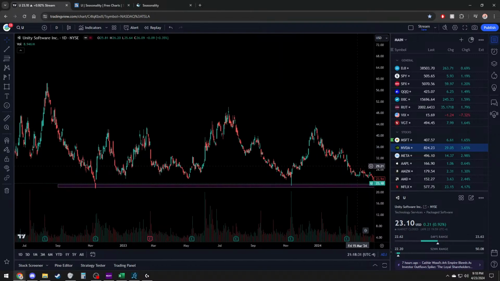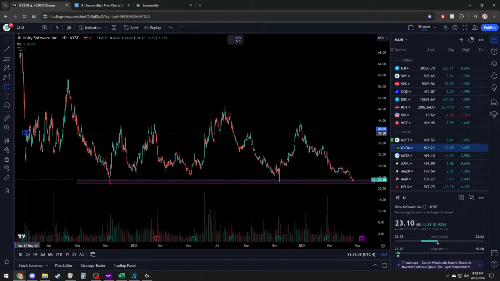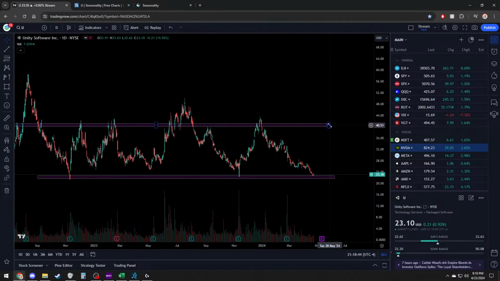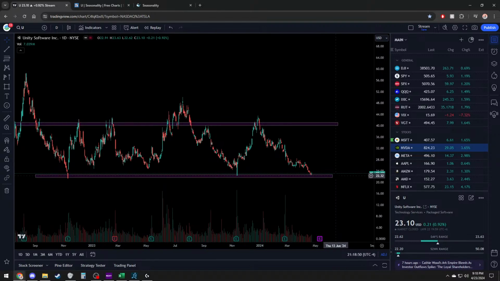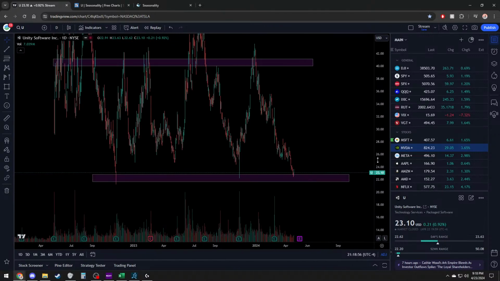Let's assume the range is somewhere around, let's be conservative and put out like 40. I mean, this is one of those stocks that you kind of just want to buy and hold at the low end.